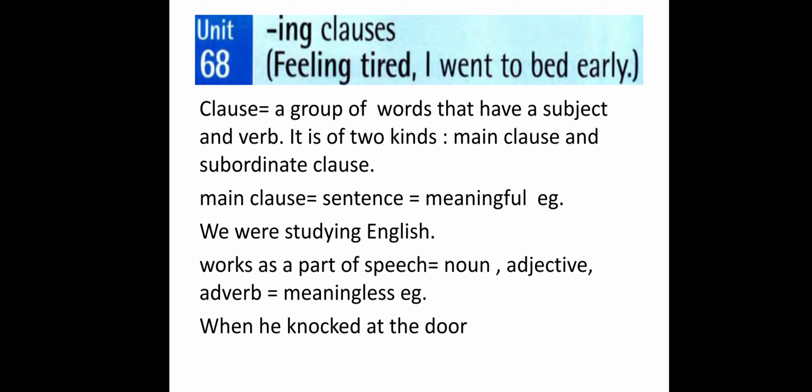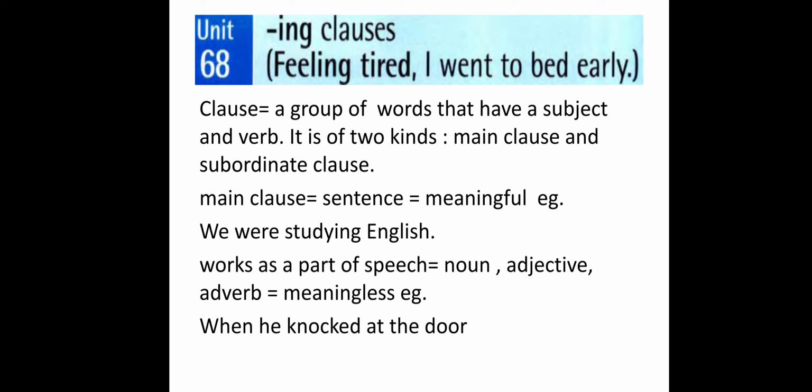On the other hand, we have the subordinate clause. It is a group of words that have a subject and a verb and work as one of the parts of speech, for example, noun, adjective, and adverb. They can't stand alone and give a complete meaning.